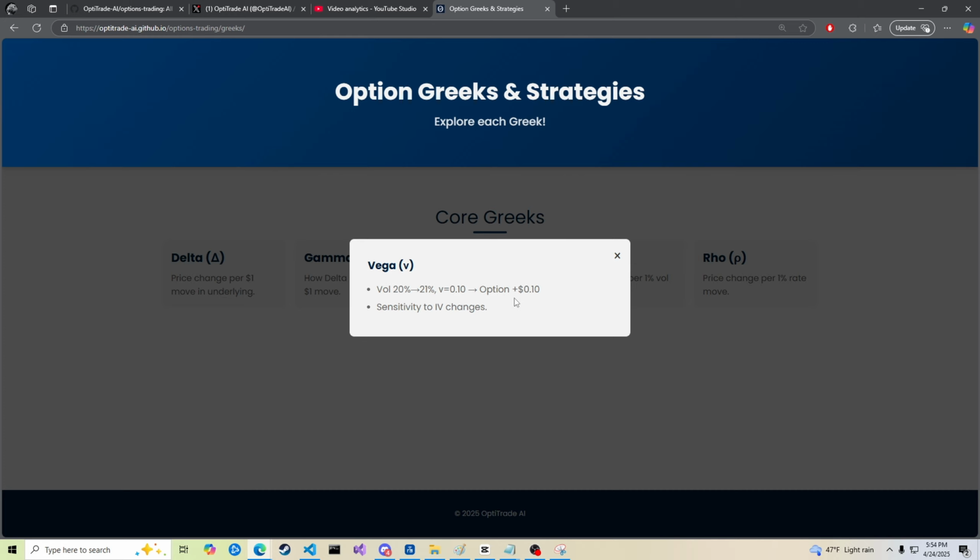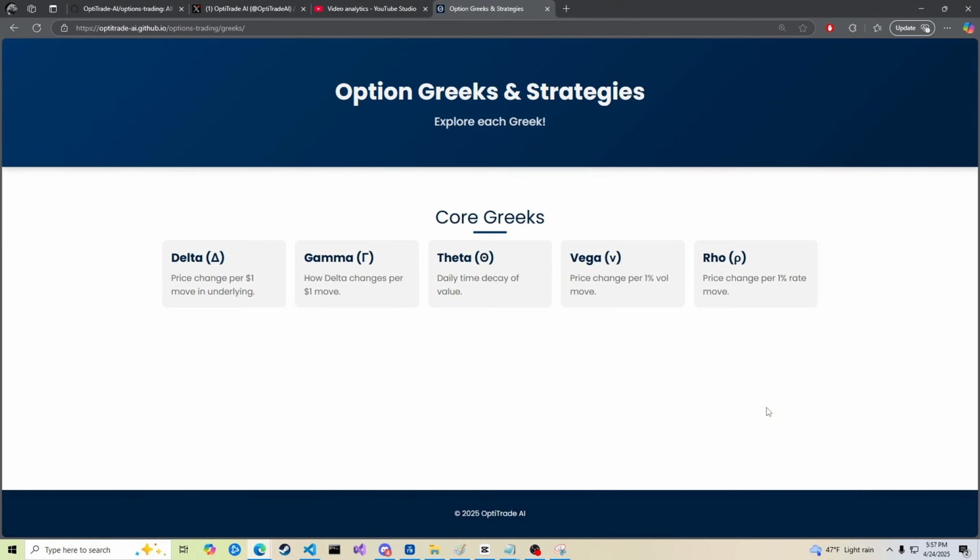And so Vega peaks for at the money and long dated contracts and then decays over time. And so one more quick example, if you were to buy before earnings, hoping that implied volatility jumps up 20 points, 20 times 0.10 is $2 of added value that you would get from your contract.